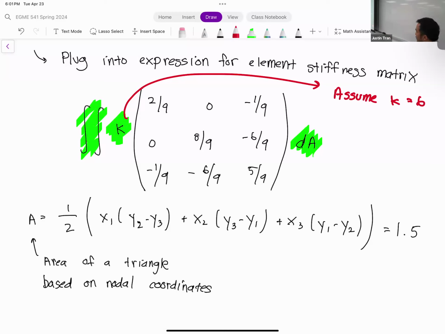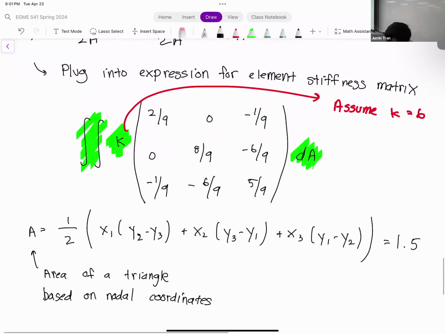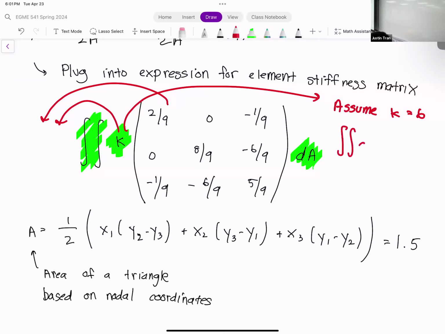If we assume k is equal to 6, and we notice that everything in this expression is a constant, everything can factor out of the integral itself. That includes the k and this 3 by 3 matrix. What we have is the double integral of dA, and the double integral of dA is just the area of our triangle.